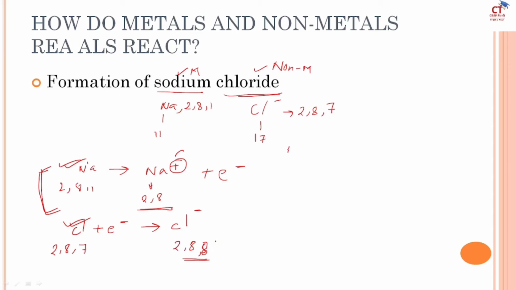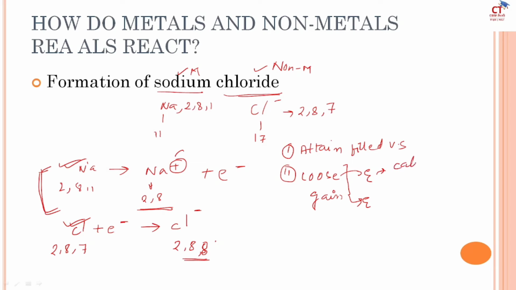This is how we can say that a metal and non-metal react. And they basically react due to two reasons as already mentioned. First is to attain a filled valence shell, and the second is to lose and gain electrons. Metals will lose electrons to form cations and non-metals will gain electrons to form anions.